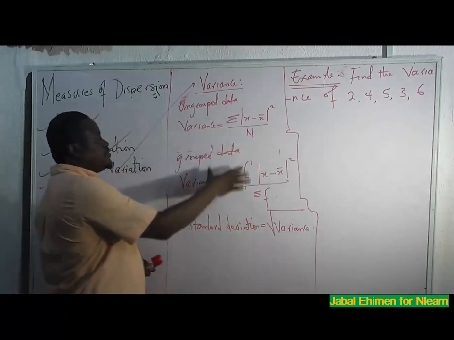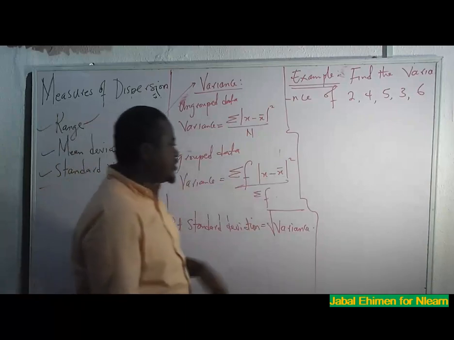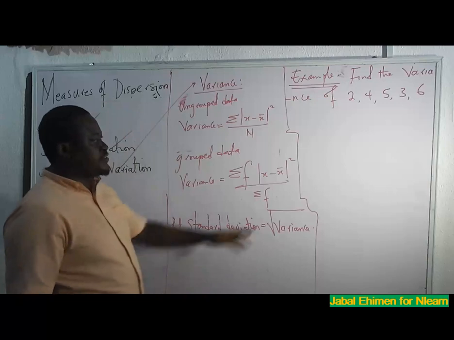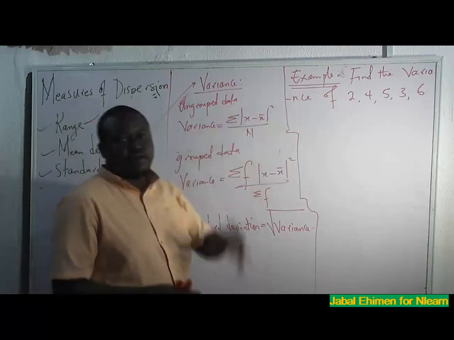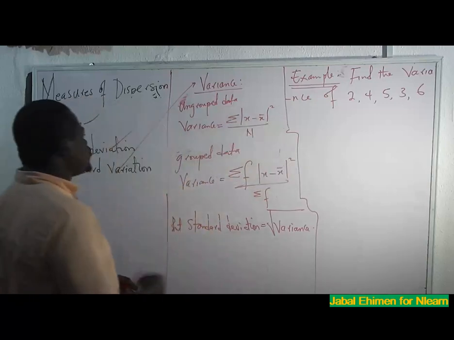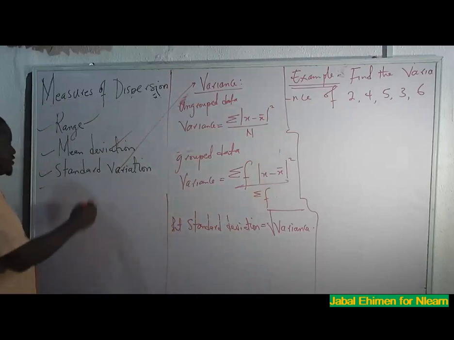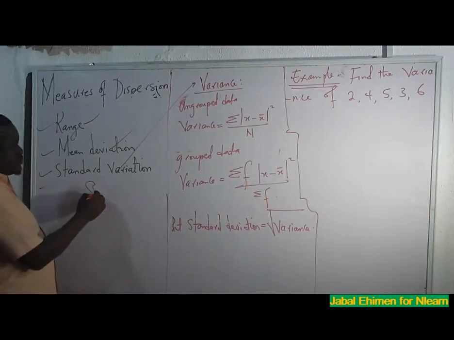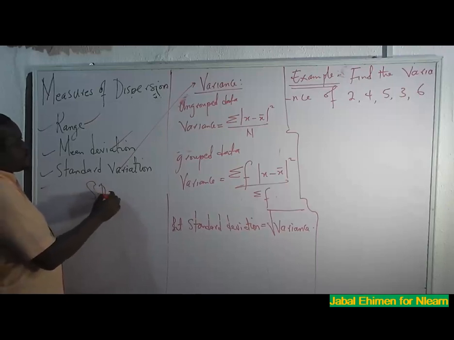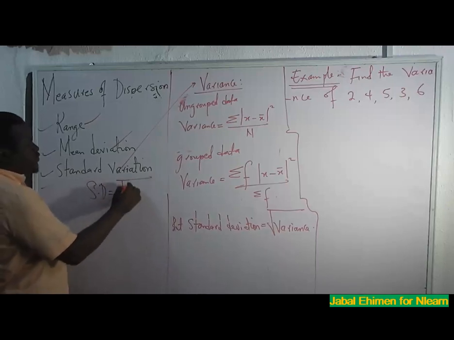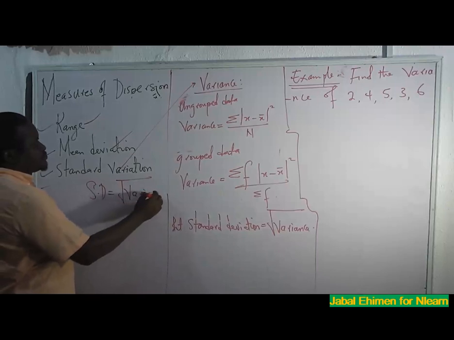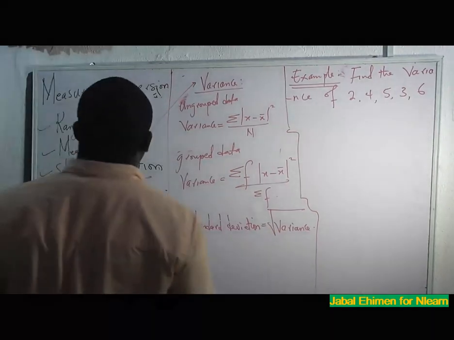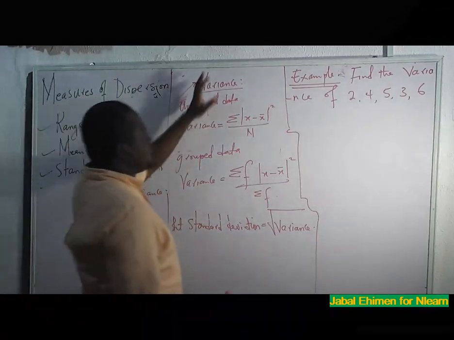And for grouped data, the same recurrence. The only difference from mean deviation is that it has a square of the value. But the truth is that standard deviation will give us the square root of variance. Now from there, we have standard deviation and variance.